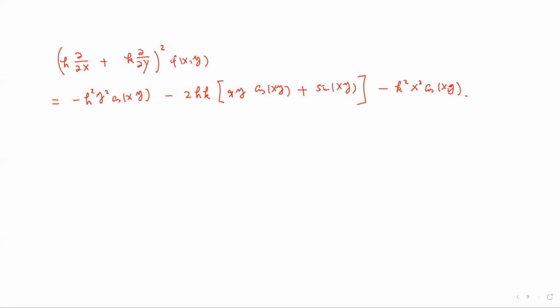Yes, this second derivative is for the error term.